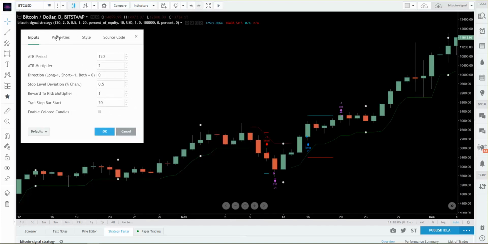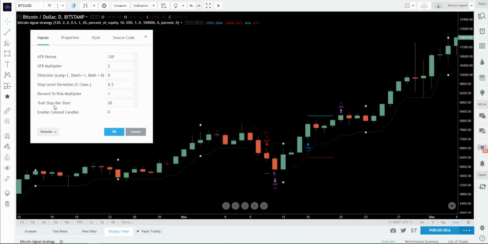Let's see here. The trail bar stop. This is an interesting addition here that I added. Let's set these back to default. I'm going to set this to 0.75. I'm going to go long only, and the trail stop bar start.